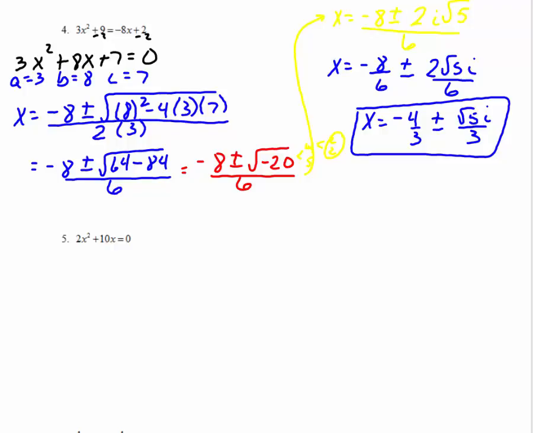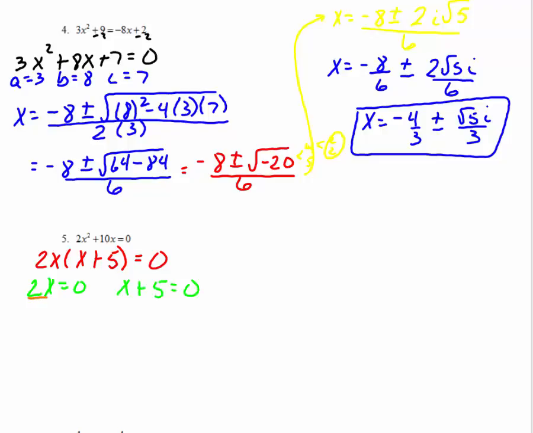Number 5. 2x squared plus 10x equals 0. Again, the directions say solve using any method. Well, I see a GCF, so I'm going to factor out the greatest common factor, which is a 2 and an x, and I'm left with x plus 5 equaling 0. So it's factored, it equals 0, so then I set each factor equal to 0. So either 2x should equal 0, or x plus 5 should equal 0.